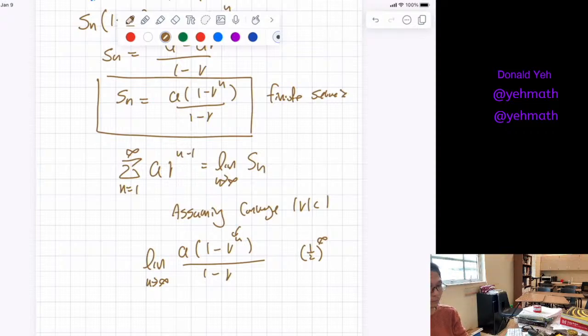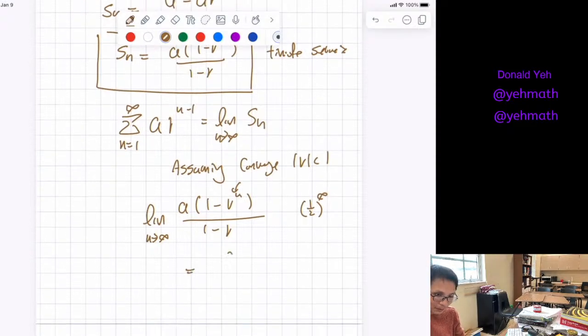I just picked a value between -1 and 1, and I'll pick 1/2 because it's easier to visualize. Assuming convergence, what is 1/2 to the infinite? 0. So it becomes a over 1 minus r, because this whole term goes to 0.